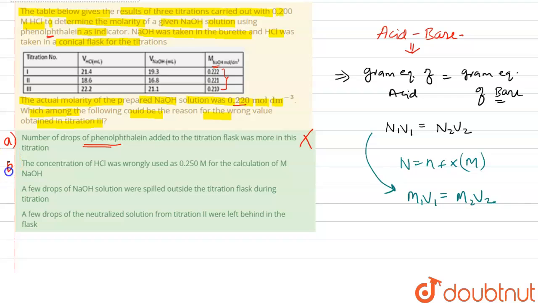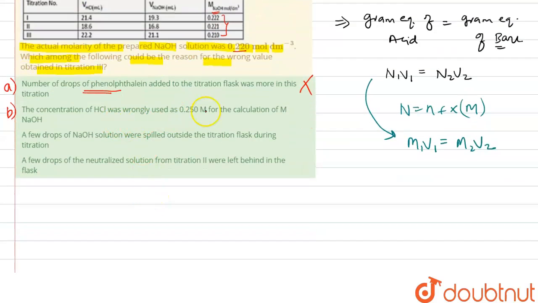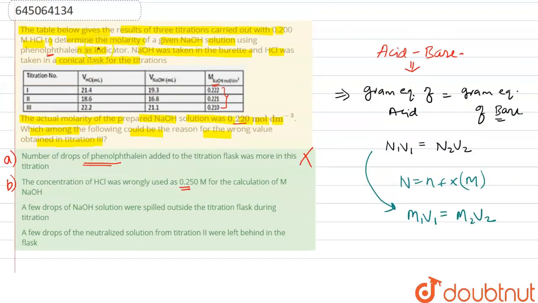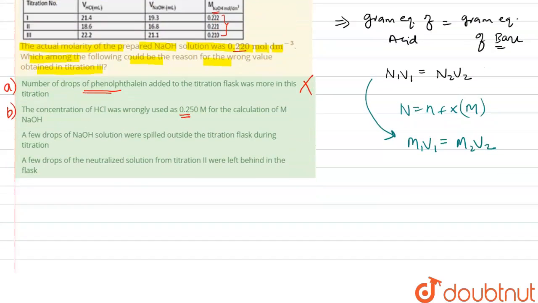Let's talk about the second statement, which says the concentration of HCl was wrongly used as 0.250 molar for the calculation of the molarity of NaOH. Let's check this statement. If we use the concentration of HCl equal to 0.250, then we should get the correct answer. So let's find out by equating.